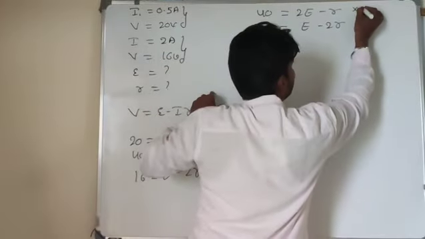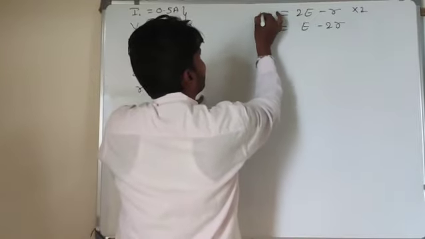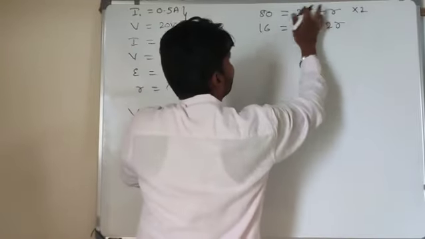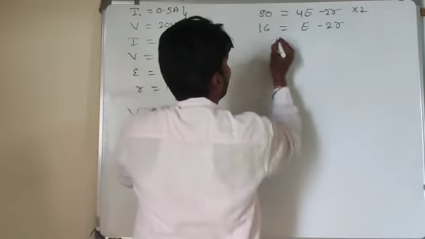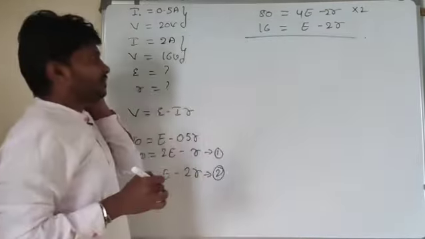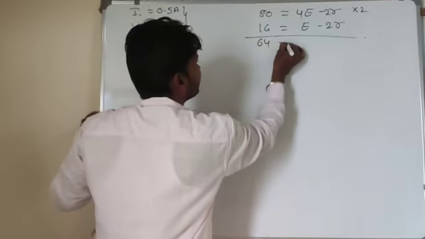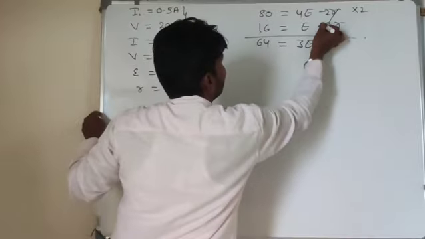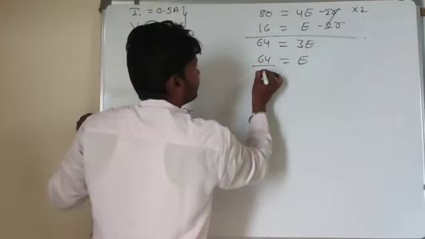Again, for the second equation I will multiply by 2. So 2 into 16, that is 32... 2E into ... 2 into E is 2E ... 2 into 2R is 4R. If you subtract, 80 minus 16, that is 64, equals 3E. These terms get cancelled out. E is equal to 64 by 3.